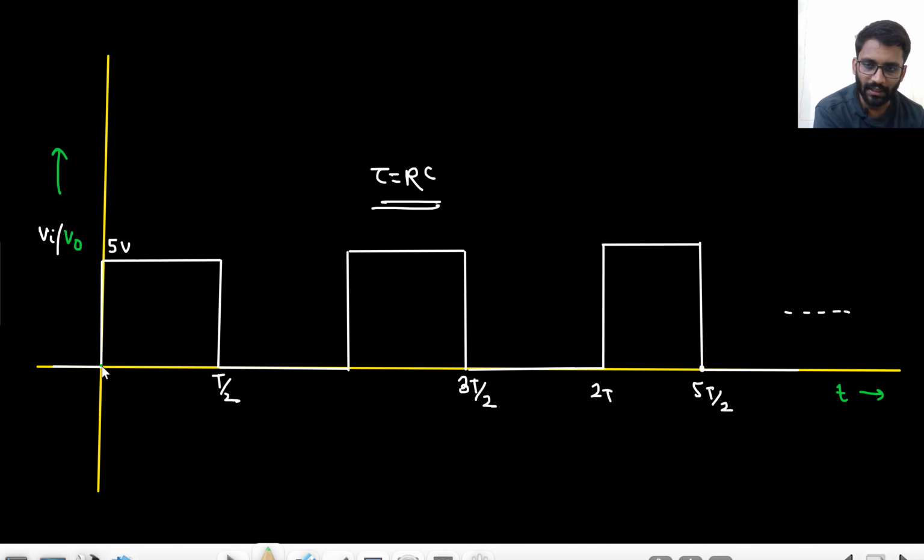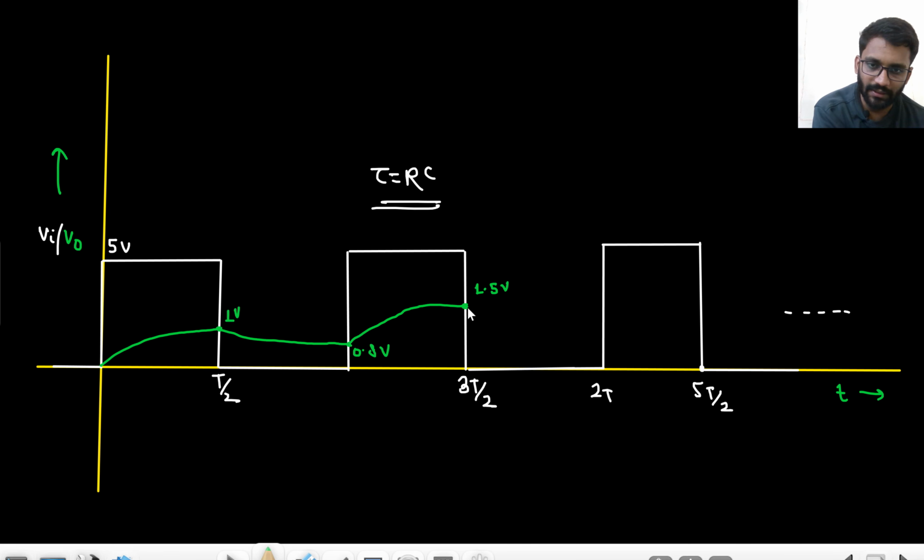First it will try to charge, will charge up to only 1 volt. Then it will try to discharge, but discharge up to 0.8 volt only. Then again it will try to charge, let's just assume it is charged to 1.5 volt.